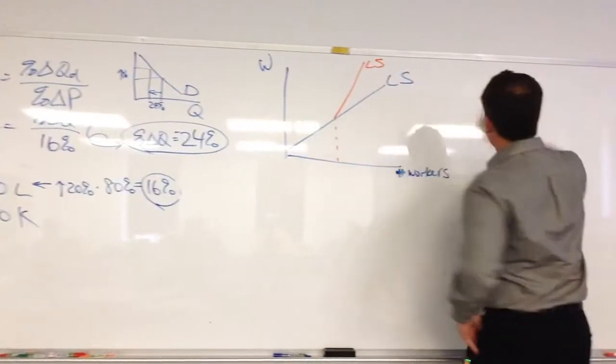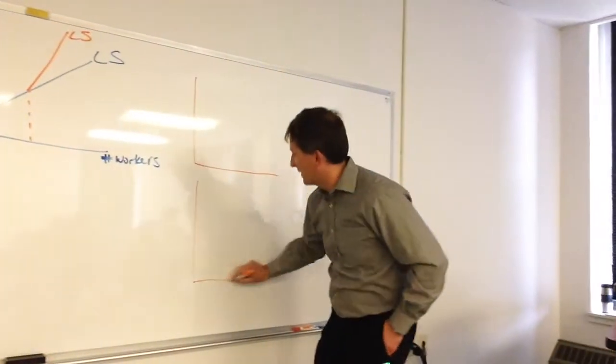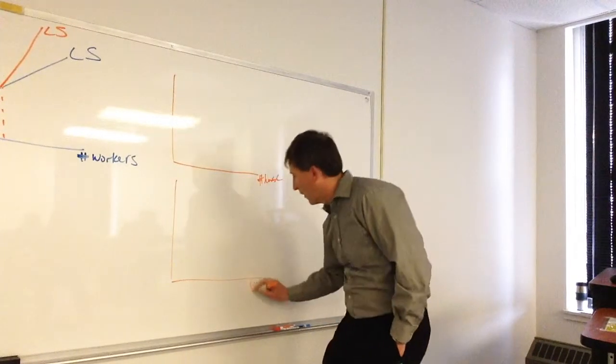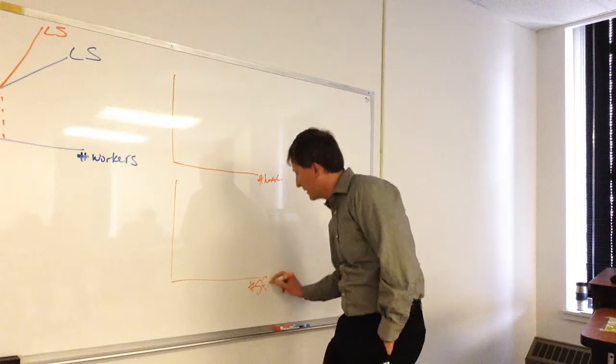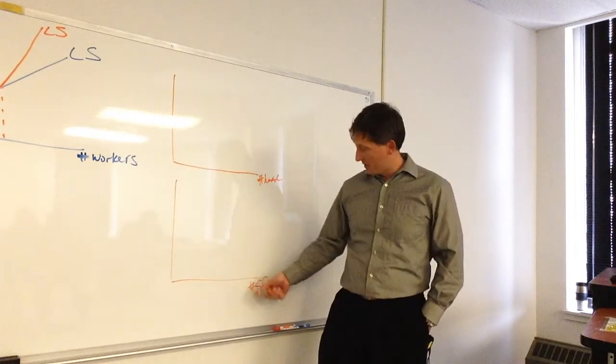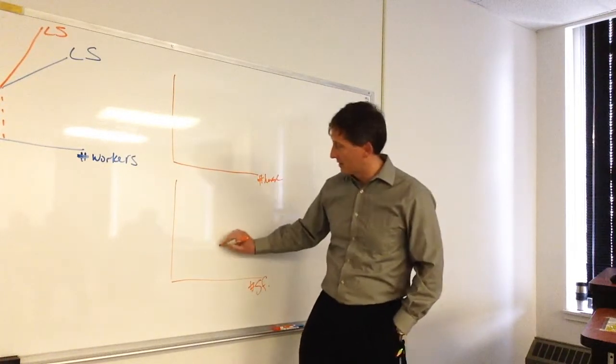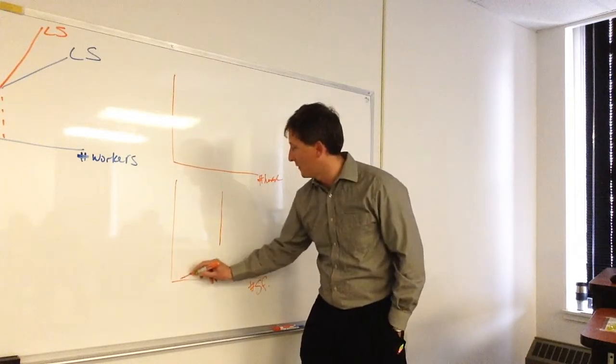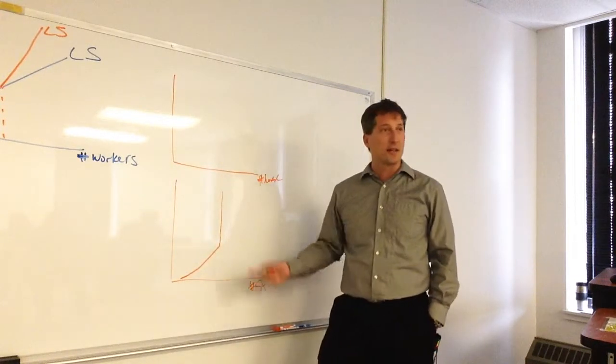So if we were instead to look at either number of houses or amount of square feet, this one right here looks like this, right? The supply of square feet in our town has that look.